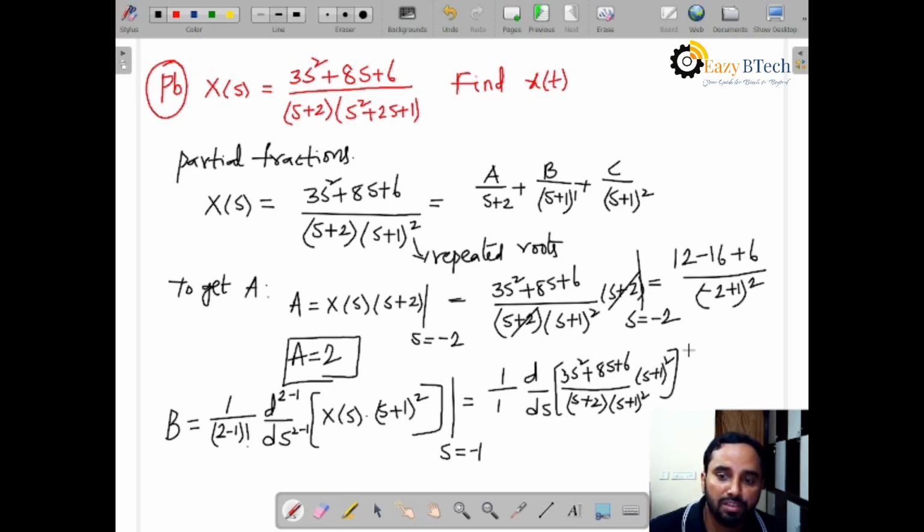After multiplication substitute s equal to minus 1. So here (s plus 1) whole square cancels. Then perform differentiation. After that substitute s equal to minus 1. Here we have u by v.